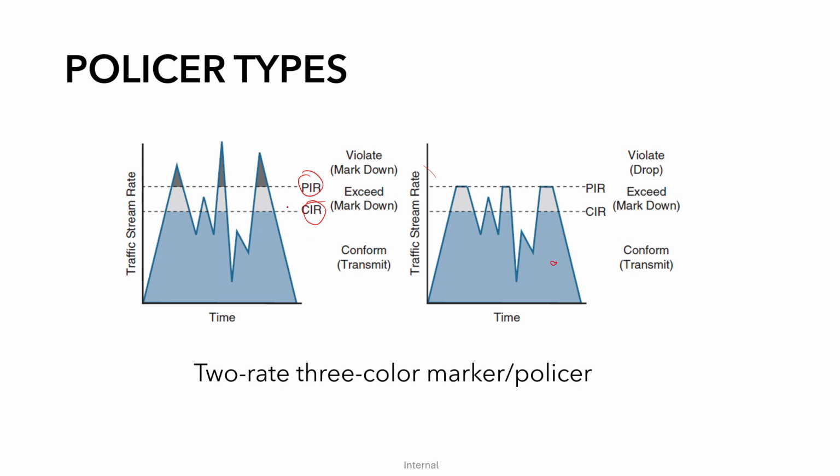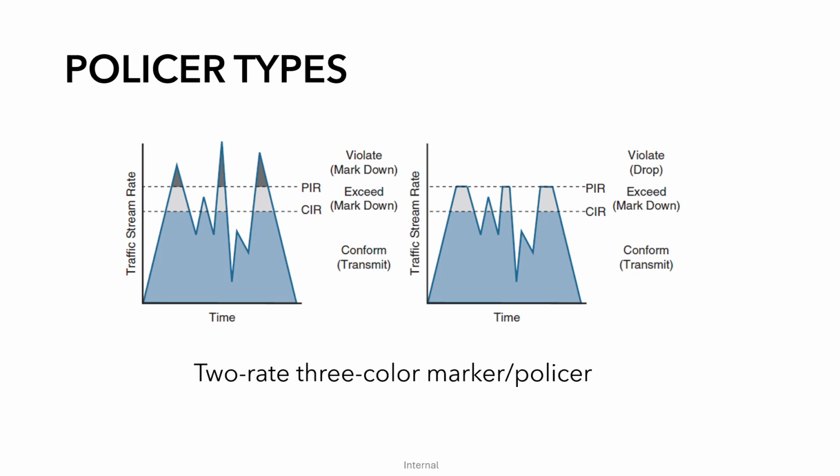And traffic between the CIR and PIR is like a warning. And then traffic above PIR will drop or be marked down. So these are the three different policer types you can use. We'll see more about it when we do the lab.